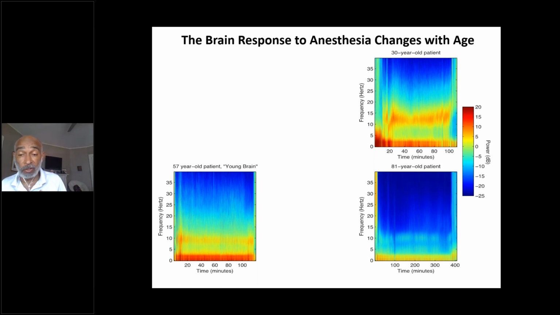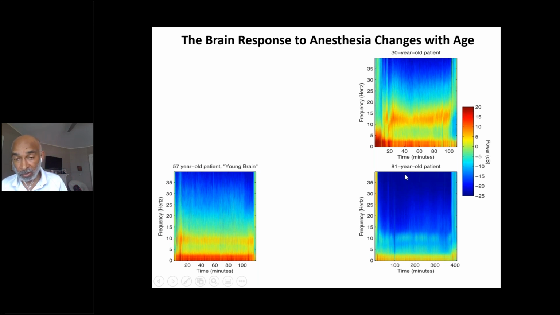And one of the key features of this is a woman that I was taking care of. She was having surgery in which they were removing a tumor the size of an American football from her chest. It took the thoracic surgeons the better part of 6.5 hours to do that. But I was able to give her a fraction of the already age-adjusted dose of the anesthetics to keep her unconscious because I was monitoring her brain activity.